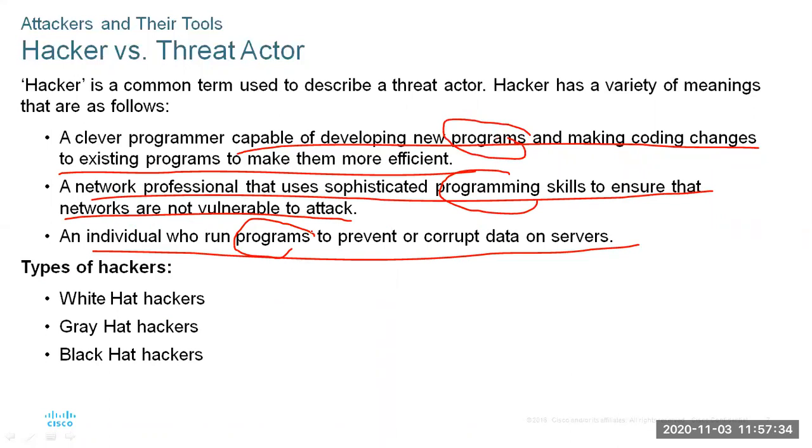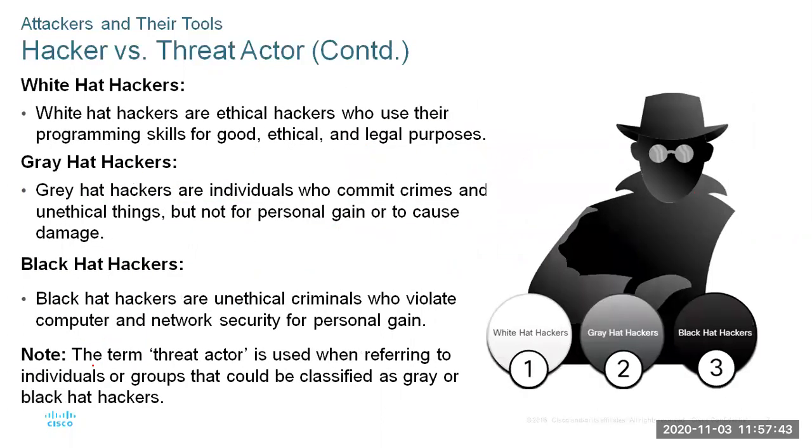And we have three types of hackers: the white hat hacker, the gray hat hacker, and the black hat hacker. White hat hackers are ethical hackers who use their programming skills for good, ethical, and legal purposes. Gray hat hackers are individuals who commit crimes and do unethical things, but not for personal gain or to cause damage.